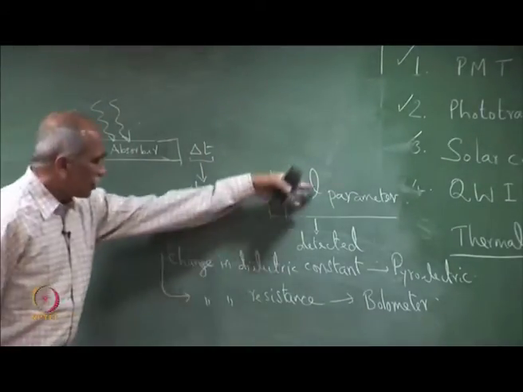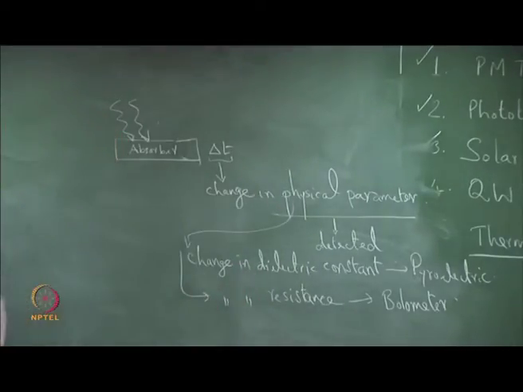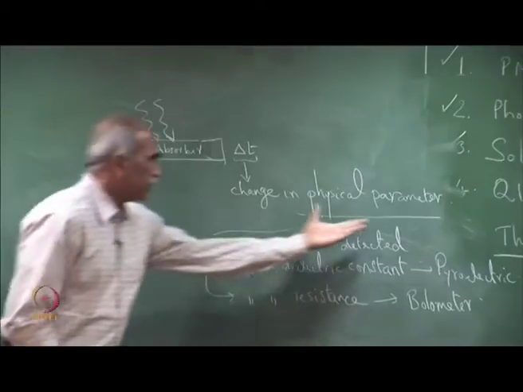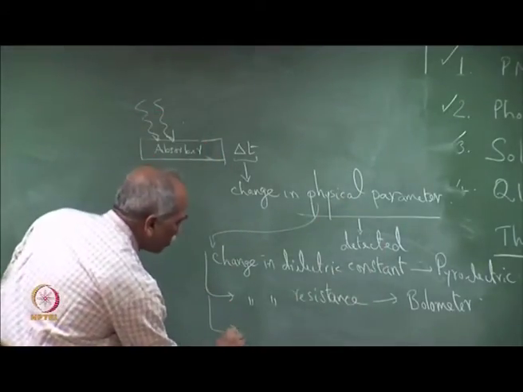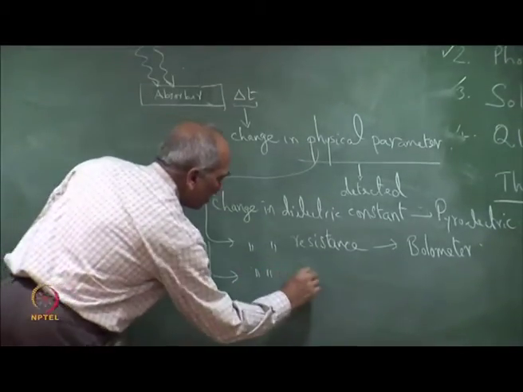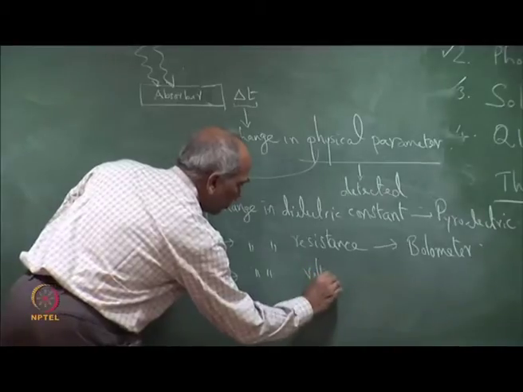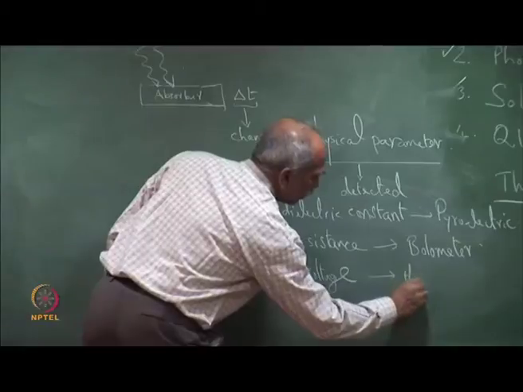It could be a change in pressure, or any one of the physical parameters could change. For example, temperature could change a voltage, as in the case of a thermocouple.